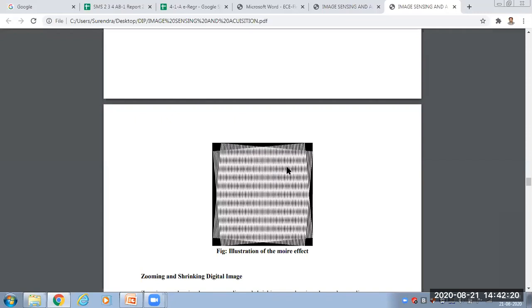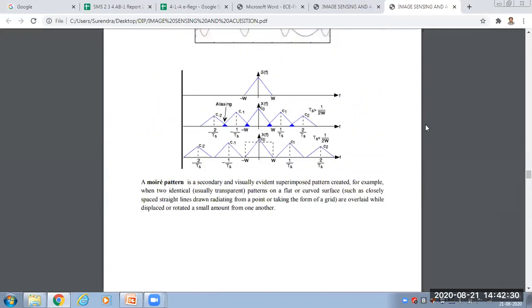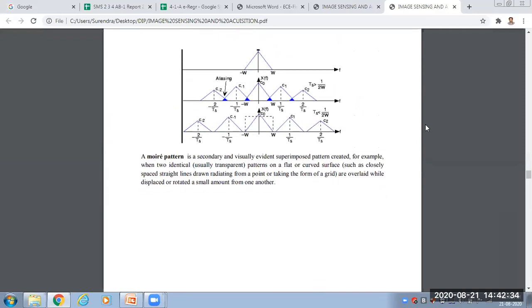That is called the Moiré effect, due to the aliasing effect. Aliasing generally happens due to the sampling process only.